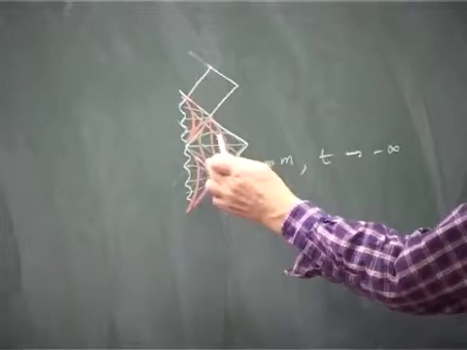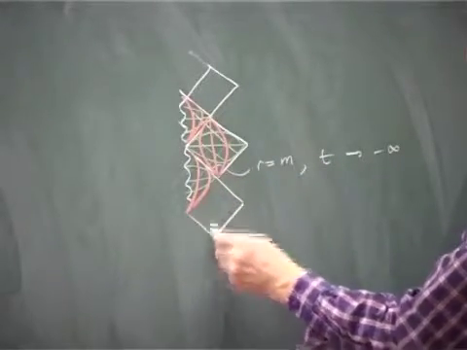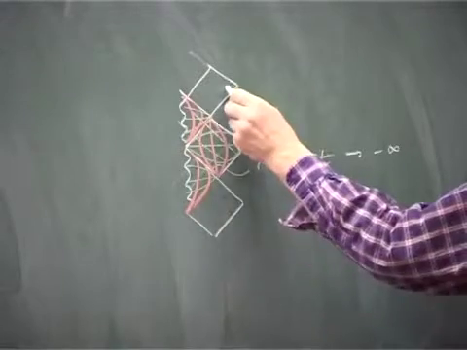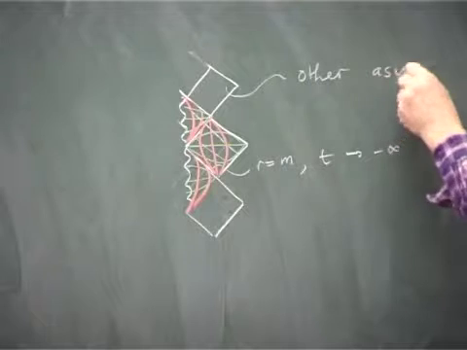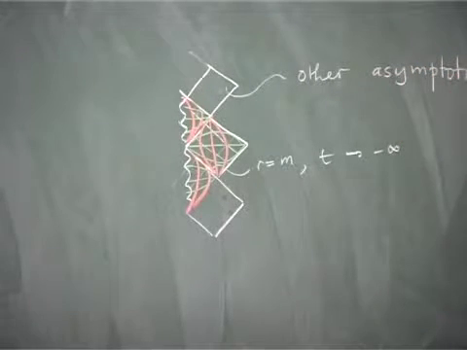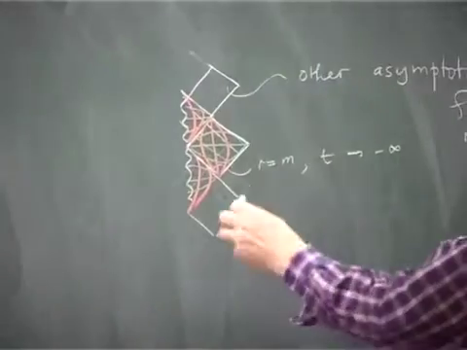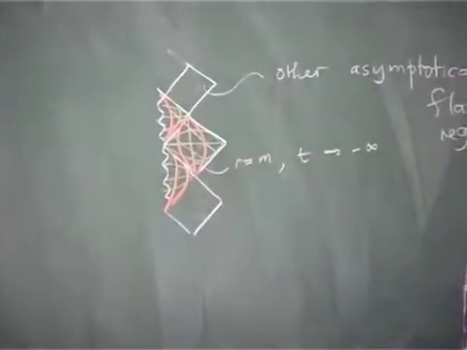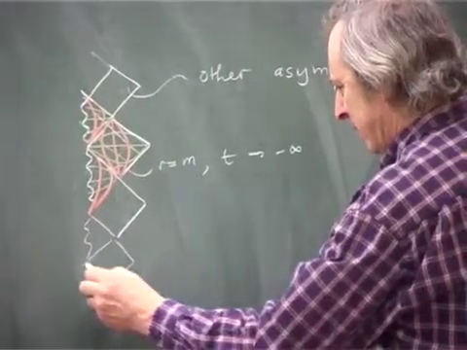Similarly, since this region is isometric to that one to the past, there must be another region that looks like this, and these are other asymptotically flat regions. Then since this is isometric to that, there must be another one to the past, etc. forever.